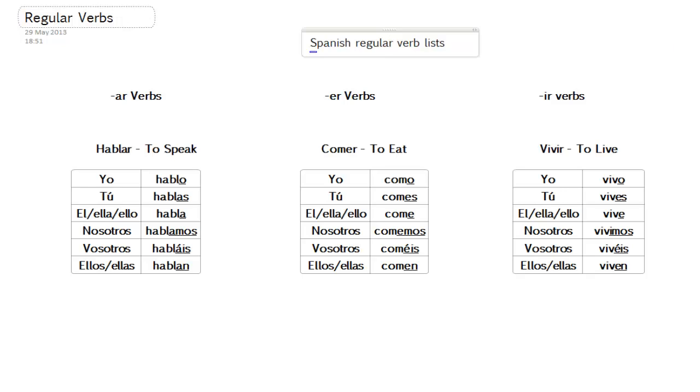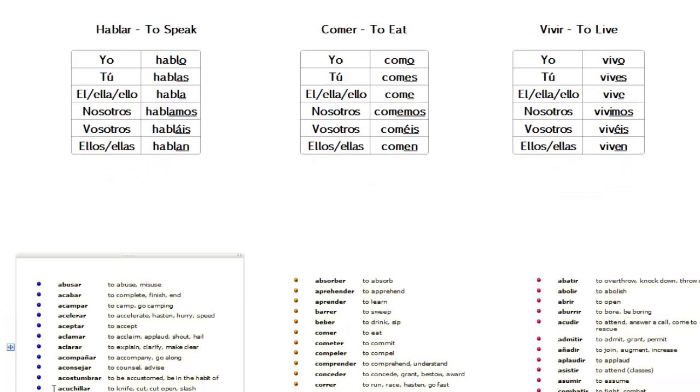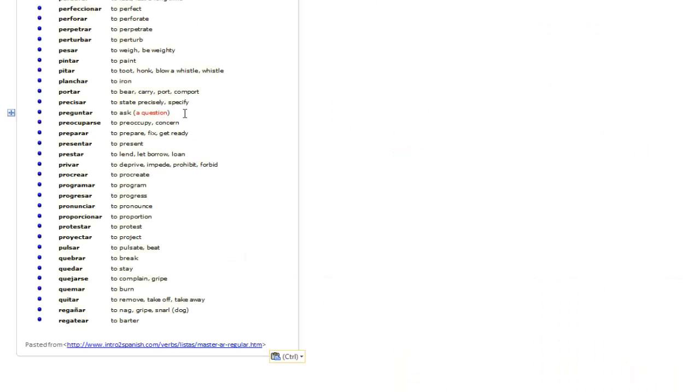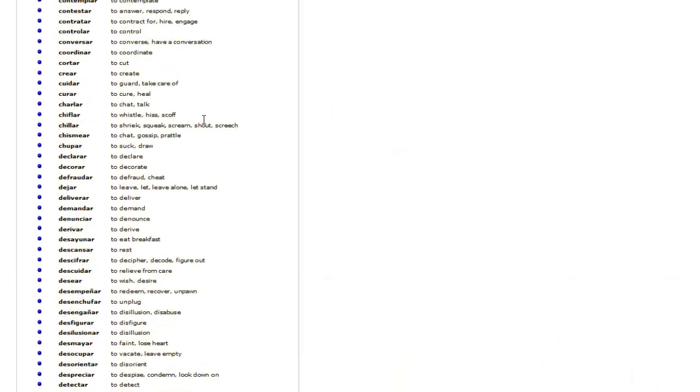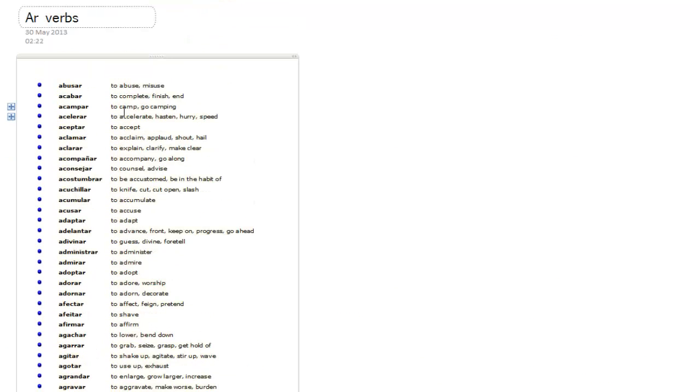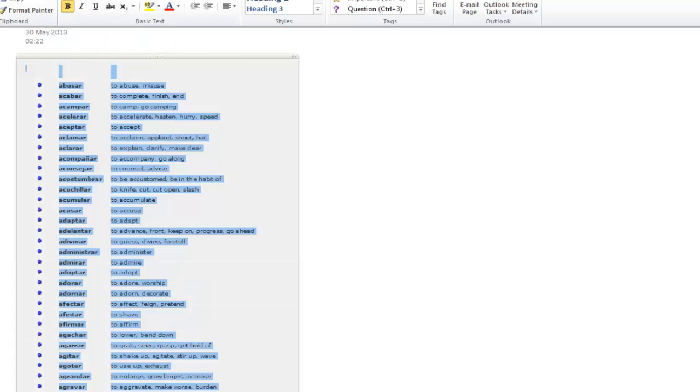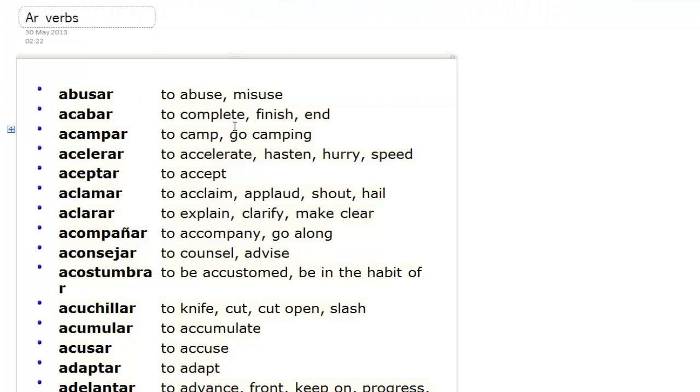What I would do is, for example, get a new page here and go here verbs, and copy this, and I would put all my verbs in here, select them all, and maybe knock up the font a bit. That's better, I can see it now.